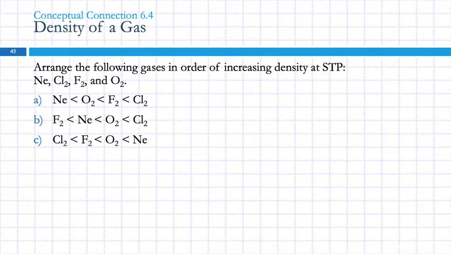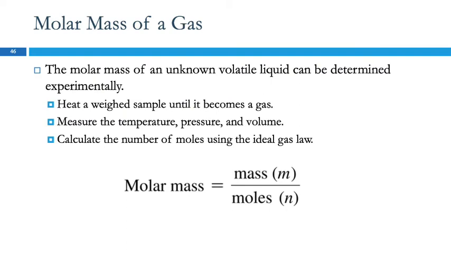Molar mass of a gas. We can calculate the molar mass of a gas or the molar mass of a volatile liquid. Volatile means that it evaporates easily. So what we can do with the volatile liquid is weigh a sample of it, so we'll get the mass, and then we'll heat it until it becomes a gas.